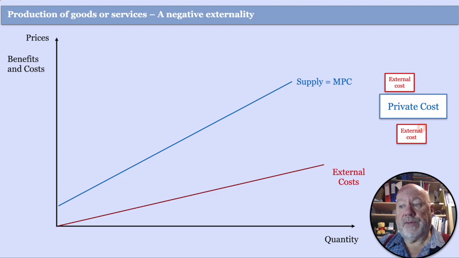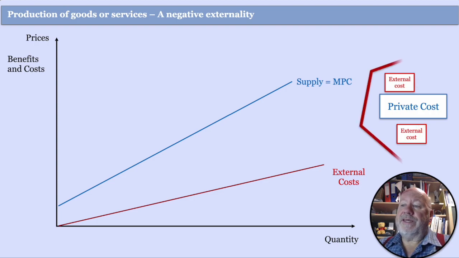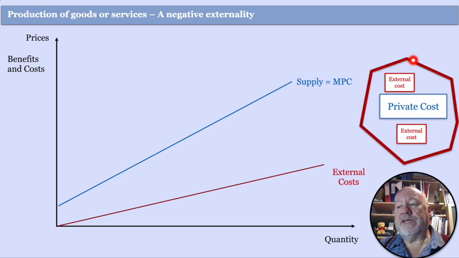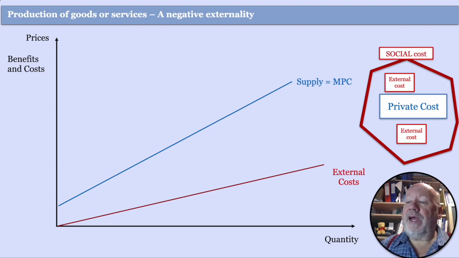It ignores those. But for society, where you have your first party and your third party, the private costs and the external costs, the social cost includes the first and the third.